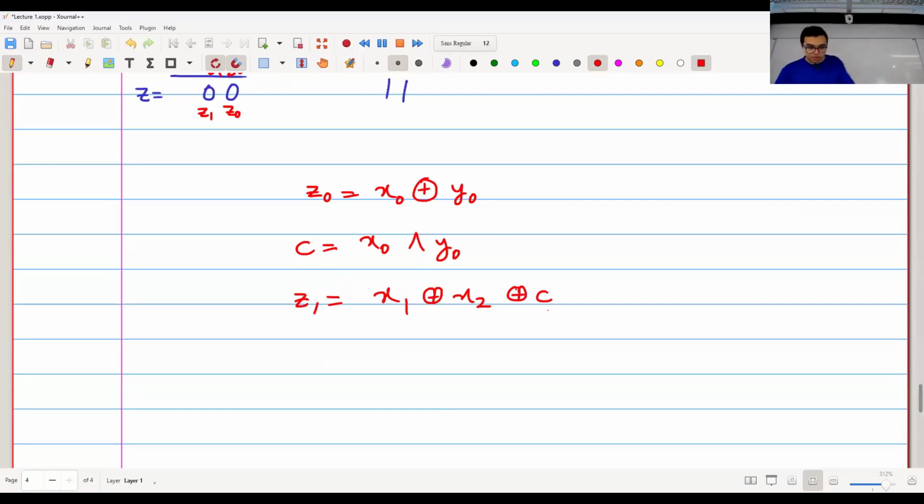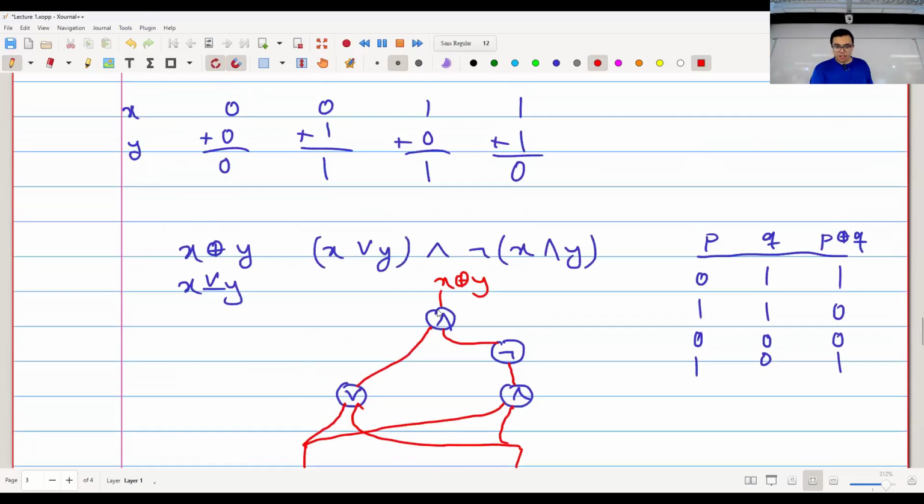Now, if I wanted to expand this whole thing, Z1 is X1 XOR Y1 XOR this expression here, so X1 XOR Y1 XOR (X0 AND Y0). And then I can also expand the definition of XOR, but life is too short, so I'm not going to do that.